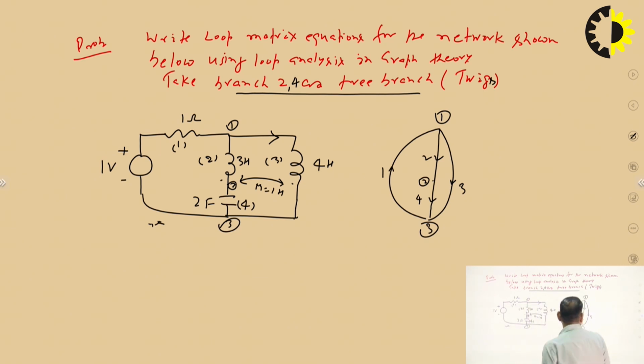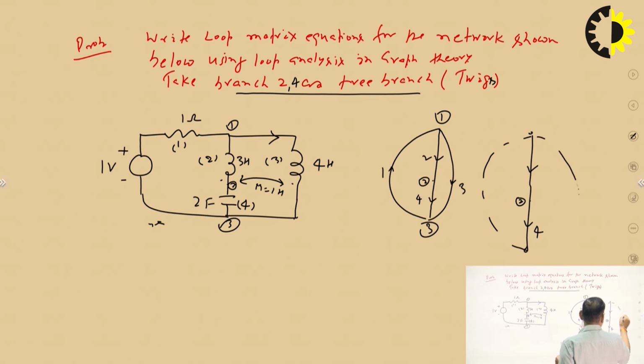Take a tree. This is your tree, with branches 2 and 4, and these are the links, 3 and 1. In a similar way we can find the loop equations using the loop analysis.